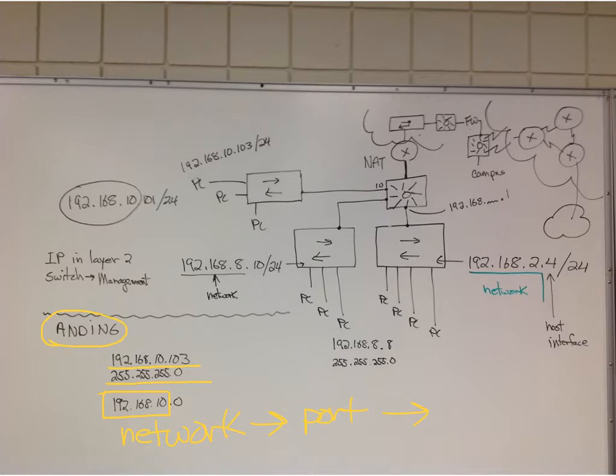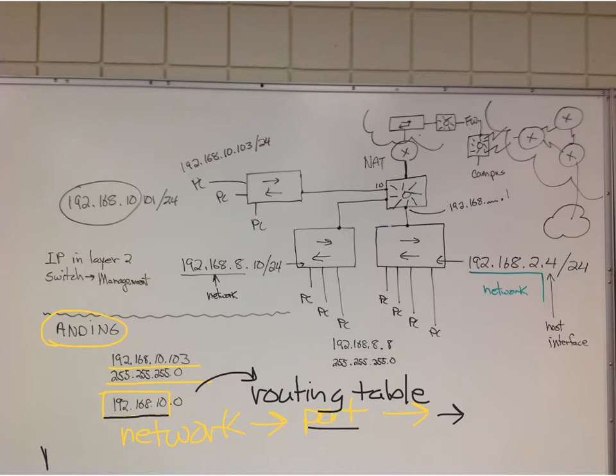So it looks in the routing table. It gets a little more complicated as we move on, but for right now, that's what you can think of. So it takes the network part of the address, looks in the routing table to find a match, which will give it a port to queue up and send the information out. So it's the network layer, and we're looking at the path.